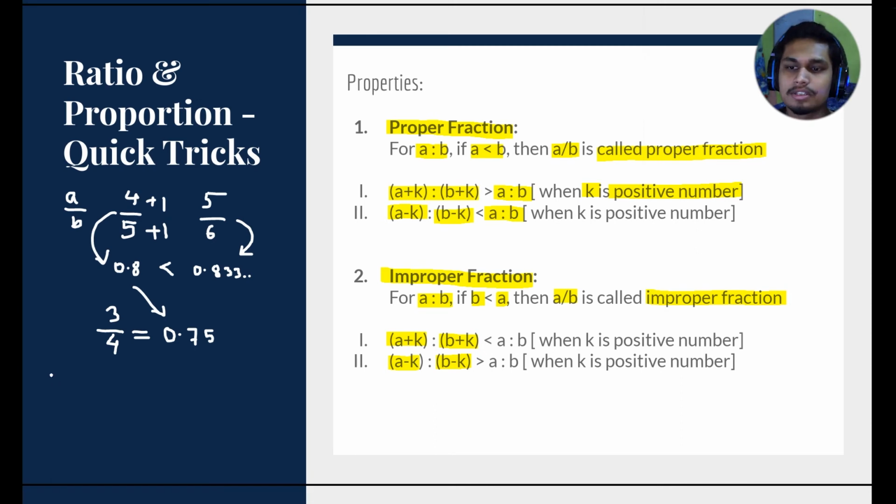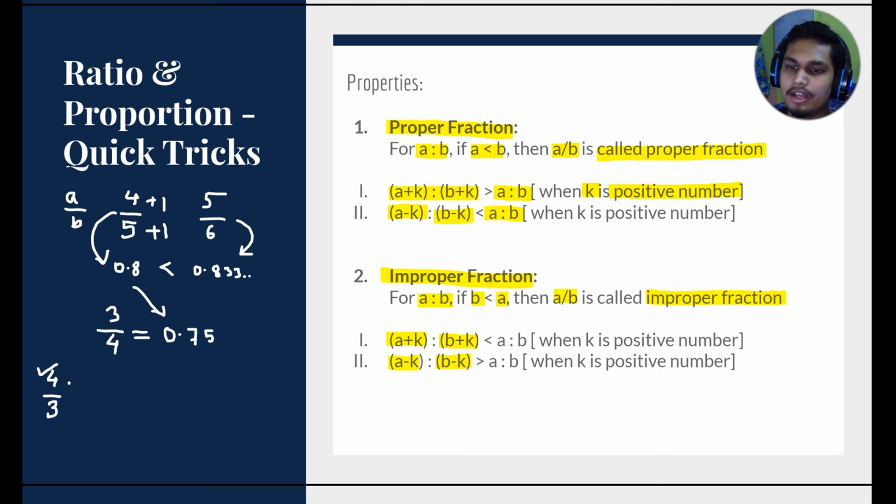Let's take an example. Suppose 4/3 is a fraction, and you can see here 4 is greater, so it is an improper fraction.